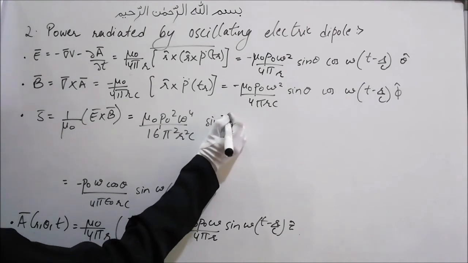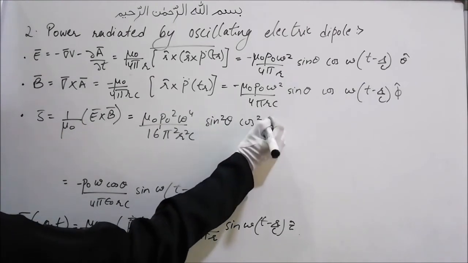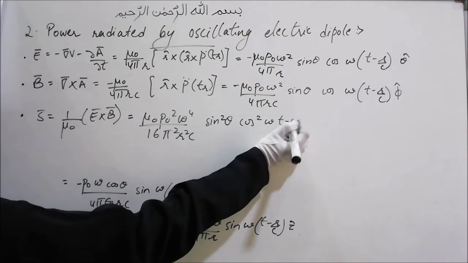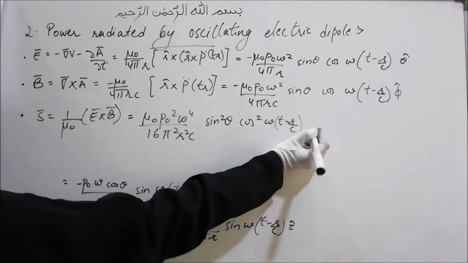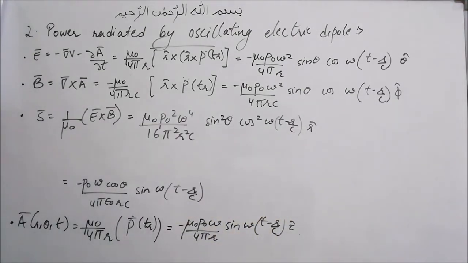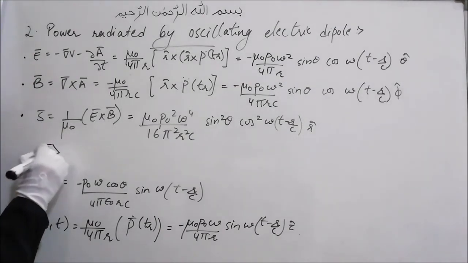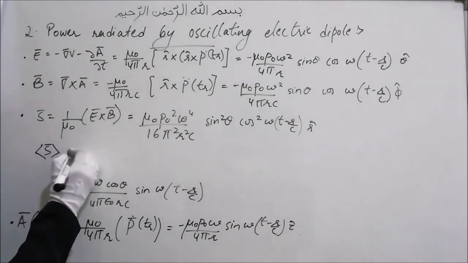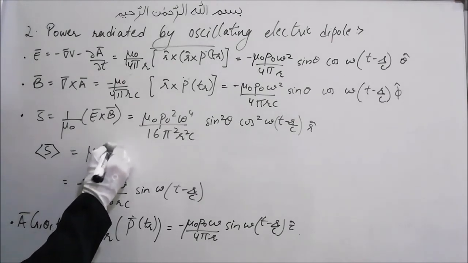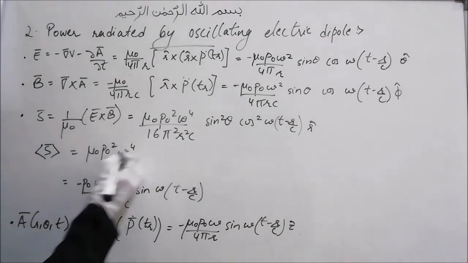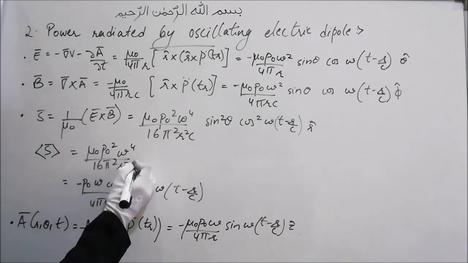We will have sine squared theta cos squared omega t minus r by c in the r hat direction. Therefore, the average Poynting vector will be equal to mu naught p naught squared omega raised to 4 divided by 16 pi squared r squared.